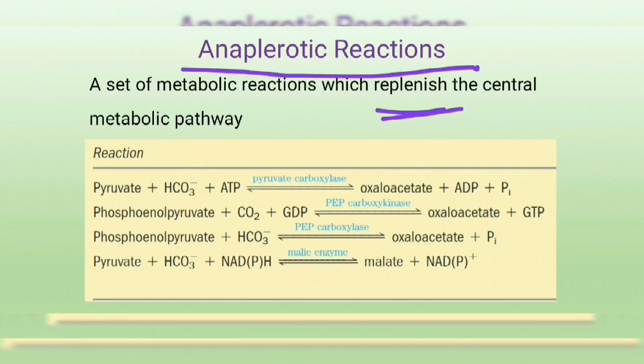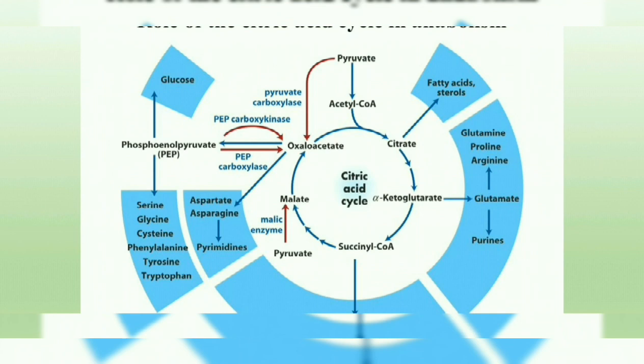We have four such anaplerotic reactions, which are shown in the table here, and we have the pathway in this. We have amphibolic as well as the anaplerotic reactions, which are being shown. The red color arrow marks are nothing but the anaplerotic reactions, that is, replenishing the TCA cycle intermediate.